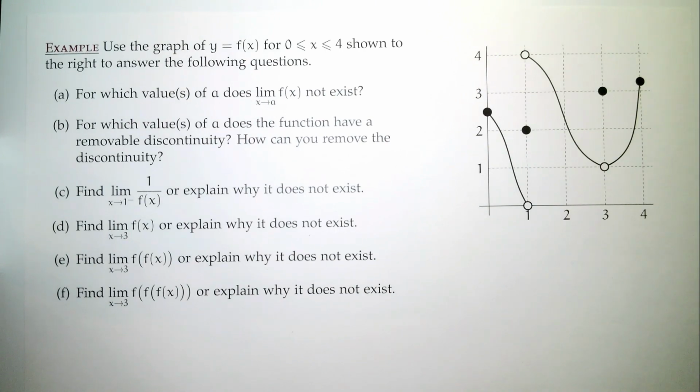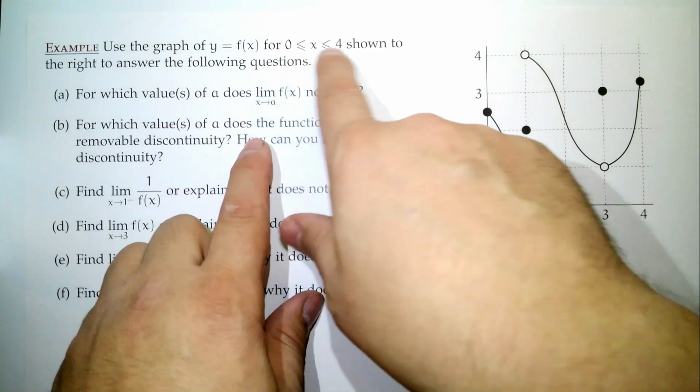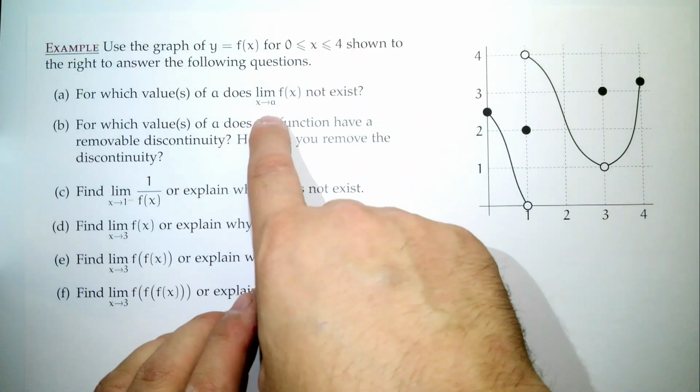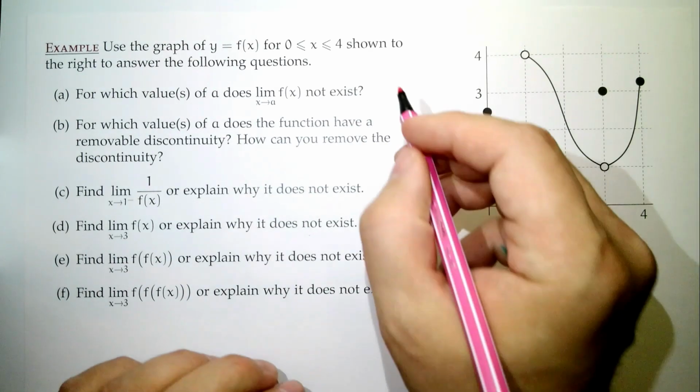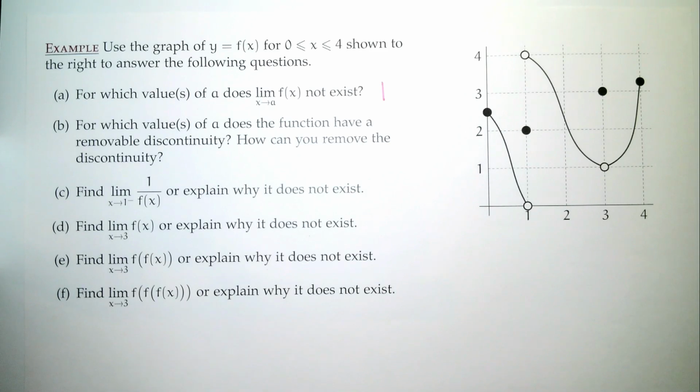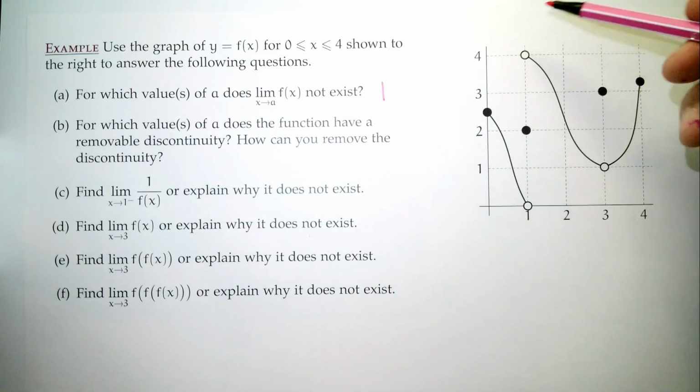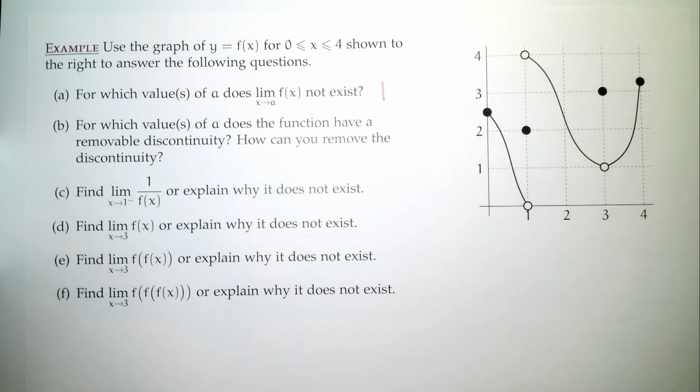So for which values of a, and we're talking between 0 and 4, does the limit not exist? Well, the answer is 1. Now you're probably thinking, is that one value? No. It's x equals 1. So x equals 1 is the only time when our limit doesn't exist.